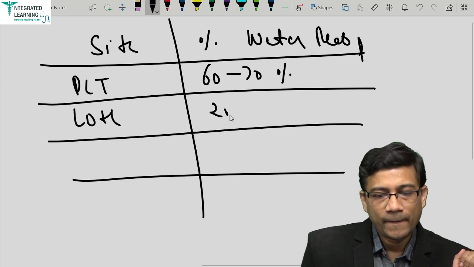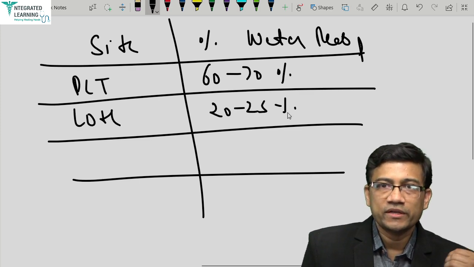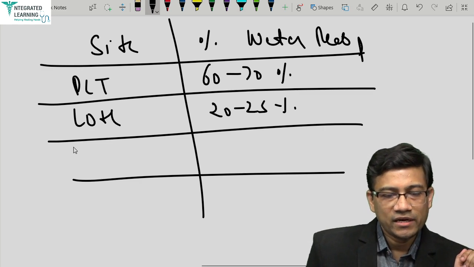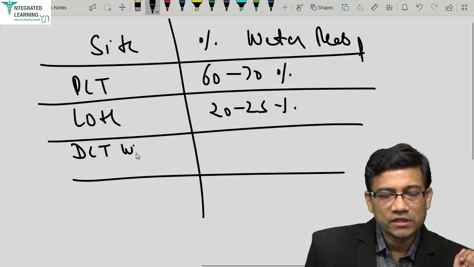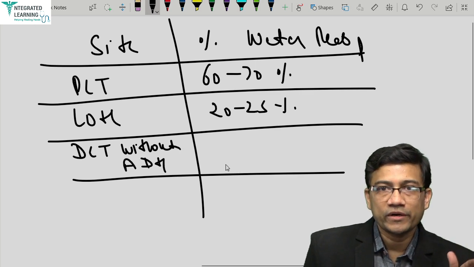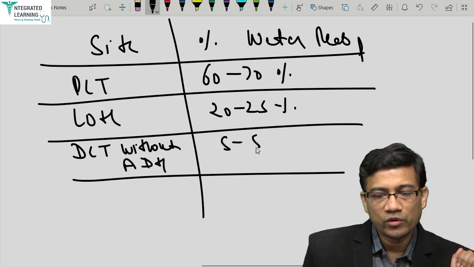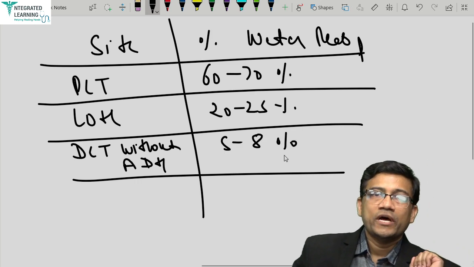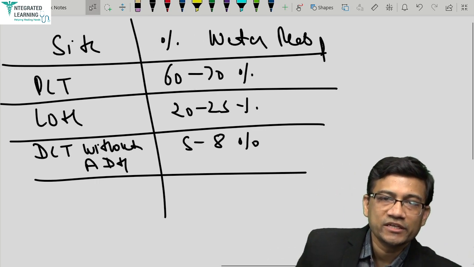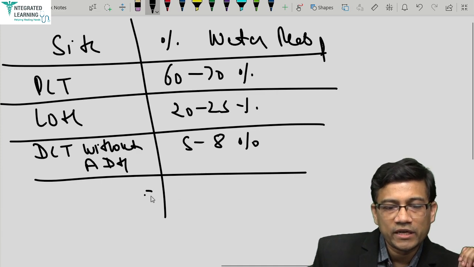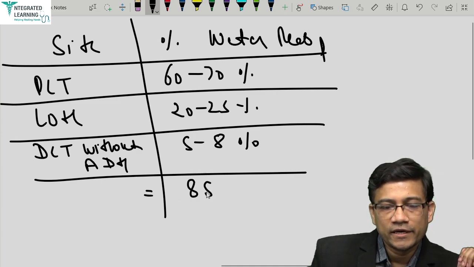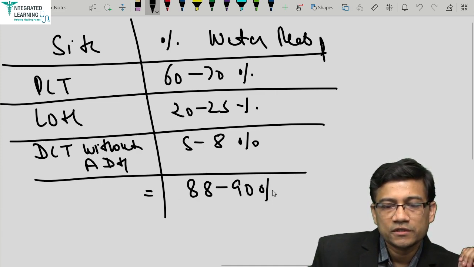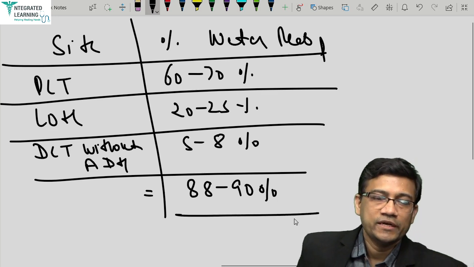Loop of Henle 20 to 25%. And now write DCT without ADH, which is 5 to 8%. So how much water is independent of ADH? Approximately 88 to 90%.